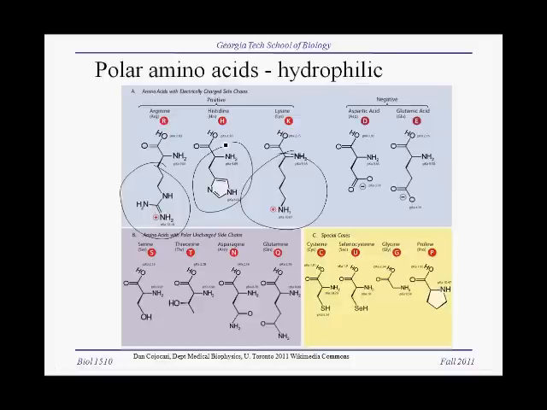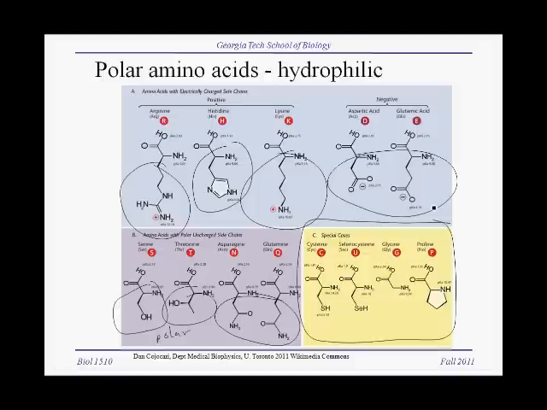So they're either charged, and here we have glutamic acid and aspartic acid with negative charges, or their side chains contain polar groups. So carbon-oxygen bonds, which are polar, and therefore they interact with water. And these are polar as well. Okay. So all of these amino acids have side chains that will love to interact with water.